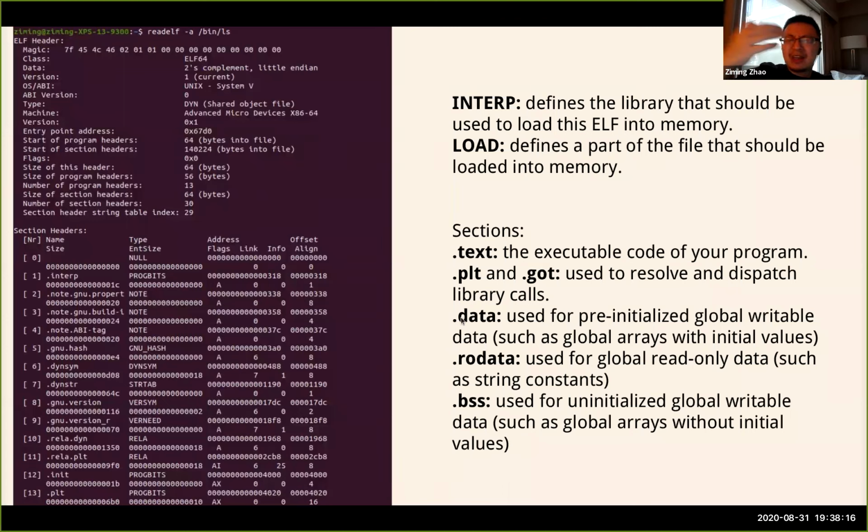If a global data is initialized, the value for initialization has to be stored somewhere in the binary, right? And when the loader sets up your program, it has to set it up with those initialized values before your program can run.